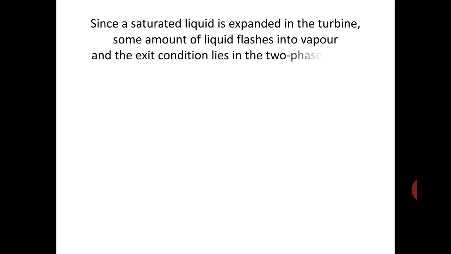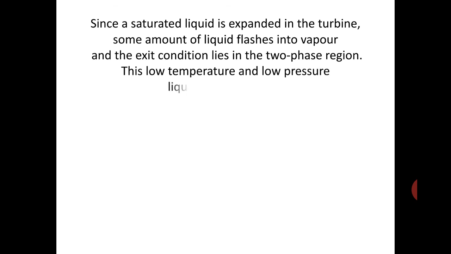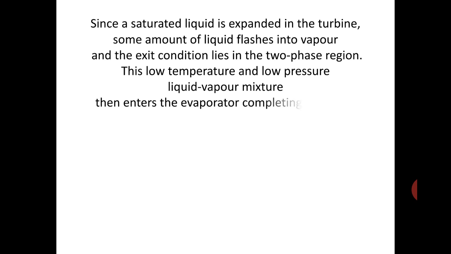Since a saturated liquid is expanded in the turbine, some amount of liquid flashes into vapor and the exit condition lies in the two-phase region. This low temperature and low pressure liquid vapor mixture then enters the evaporator, completing the cycle.